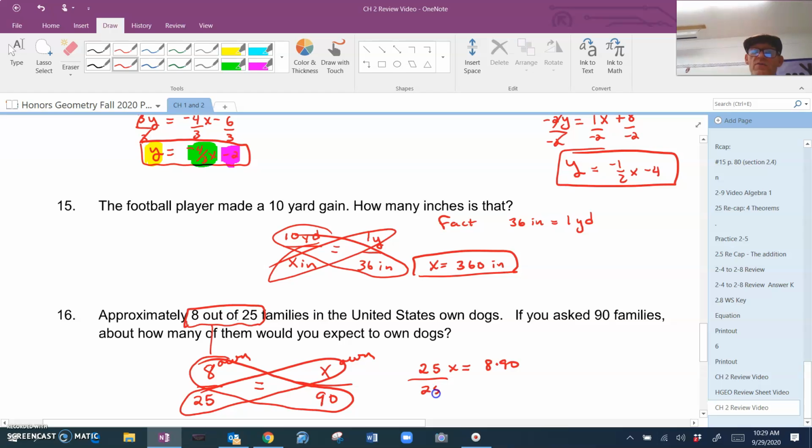So divide by 25. Divide by 25. And you get x equals 28.8. Now, it says approximately, about, so you'd say about 29 families.